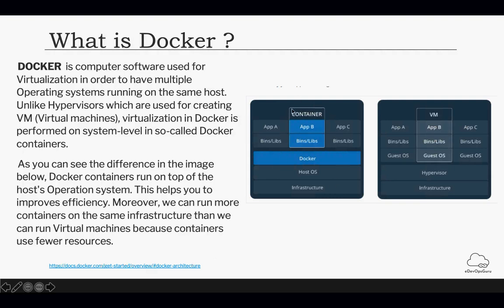Then there comes the concept of Docker, where we have a Docker engine which is running on top of a host operating system. But here, instead of running a complete guest operating system, Docker provides you APIs.